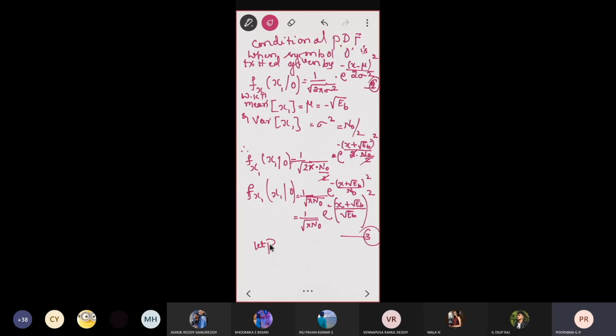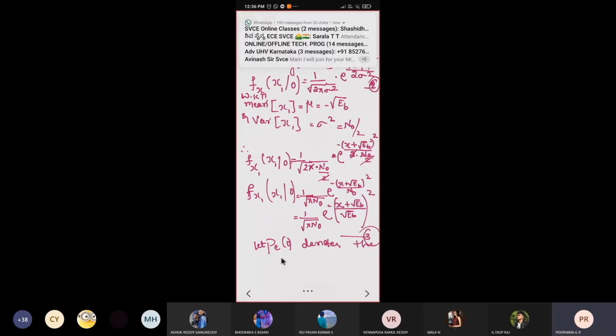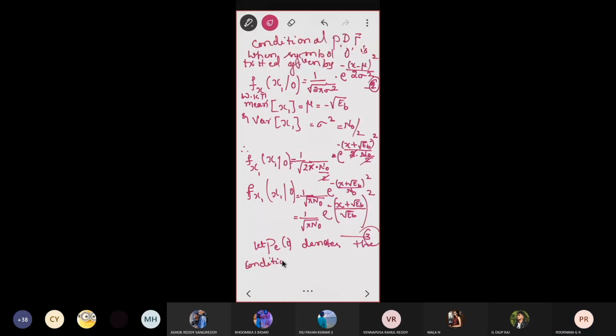Let the probability of error for 0, Pe of 0, denote the conditional probability of decoding in favor of symbol 1.